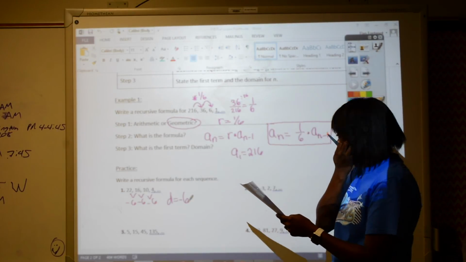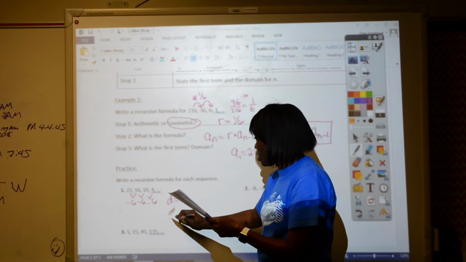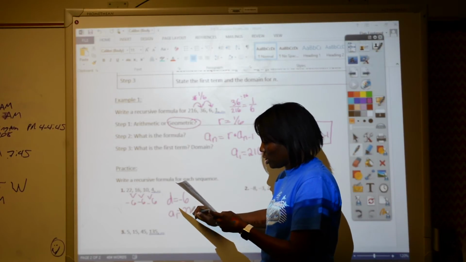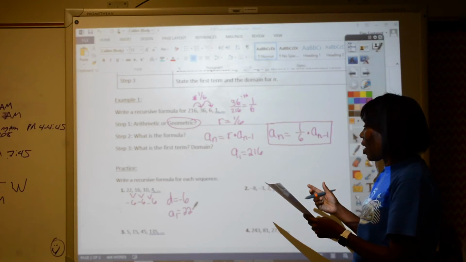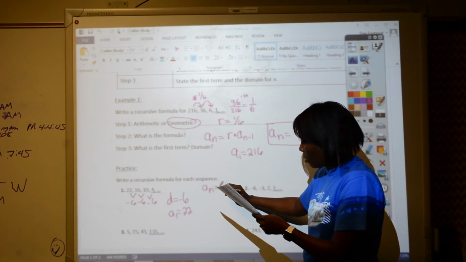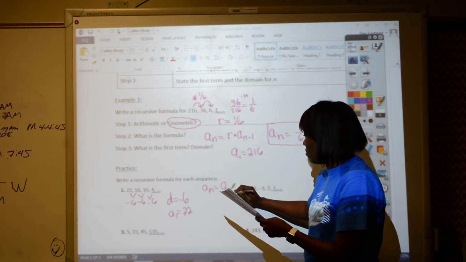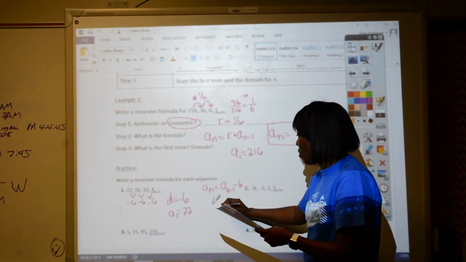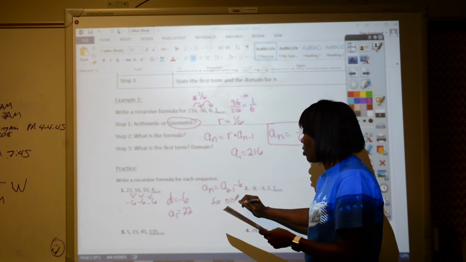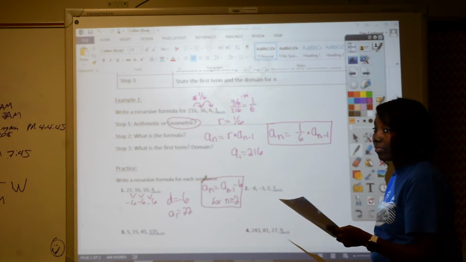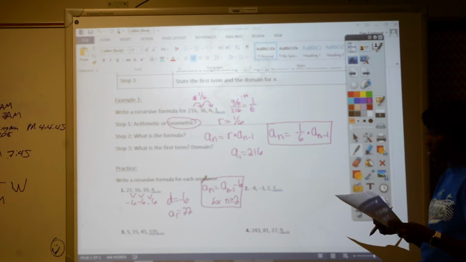And our a sub 1 in this problem, because it also said to identify a sub 1, is 22. So when we write the recursive formula for this, we have a sub n equals a sub n minus 1 minus 6, for n greater than or equal to 2 in order for it to work. And there's the formula. Everybody got it?